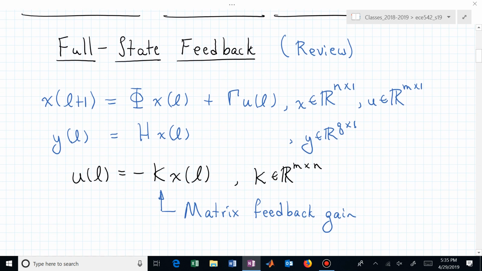Here's our review. We have our system represented as a state space representation. We have the system matrix phi, we have the input matrix gamma, and we have the output matrix H, and I'm not assuming a direct feed-through matrix in the output expression, which could be a plus J u of k.